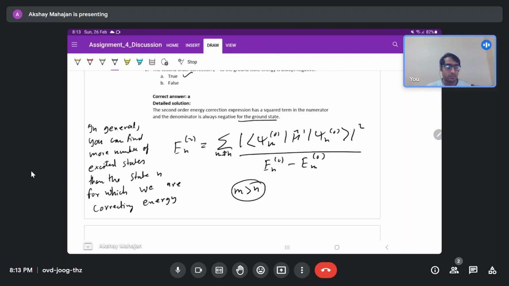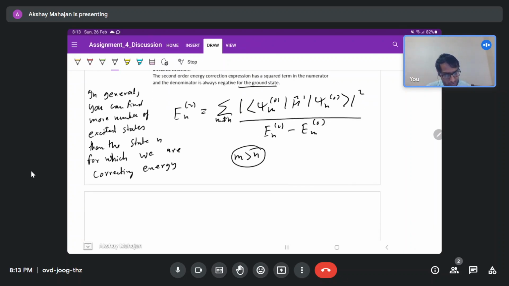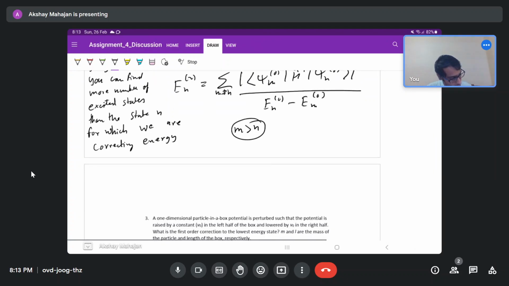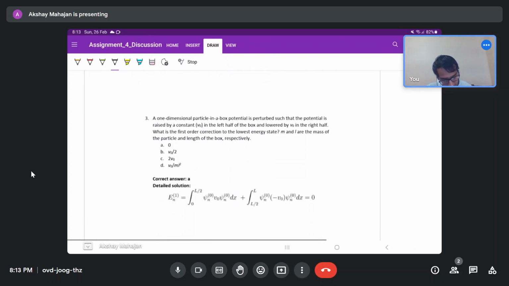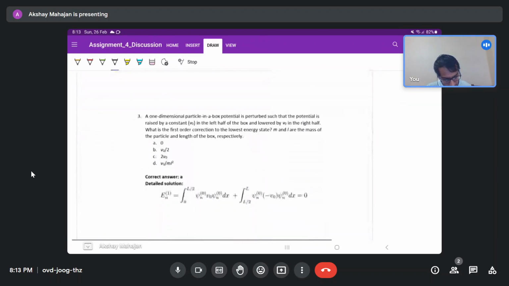So in that case we will get higher values of m, and it is generally for the ground state, so that's why the answer is B.